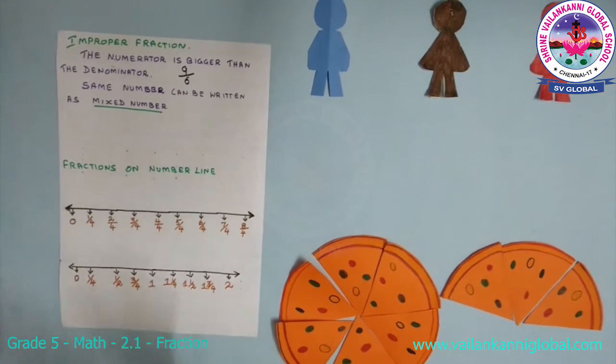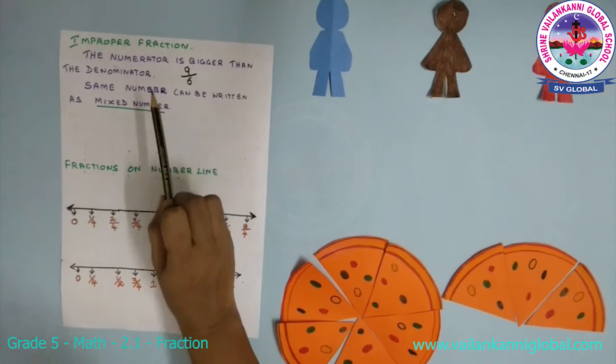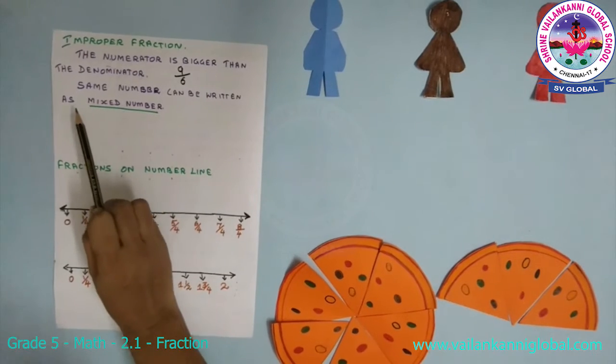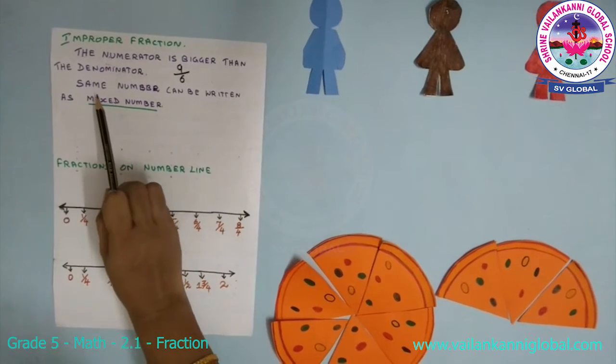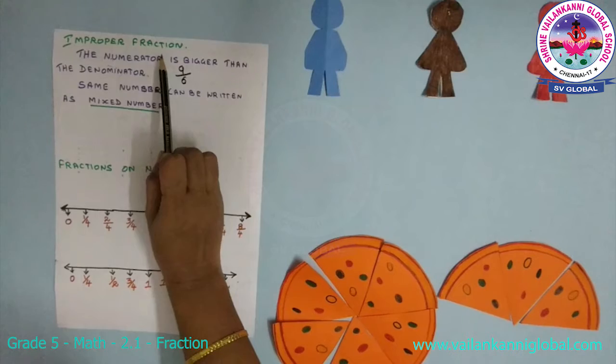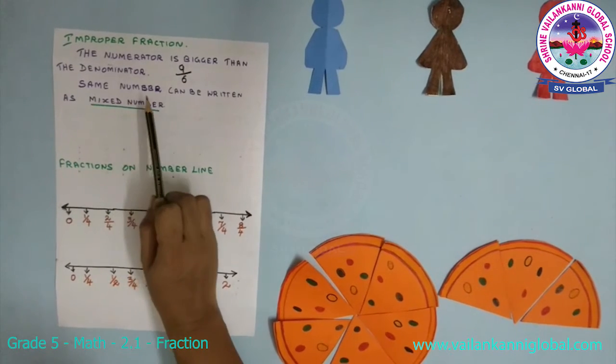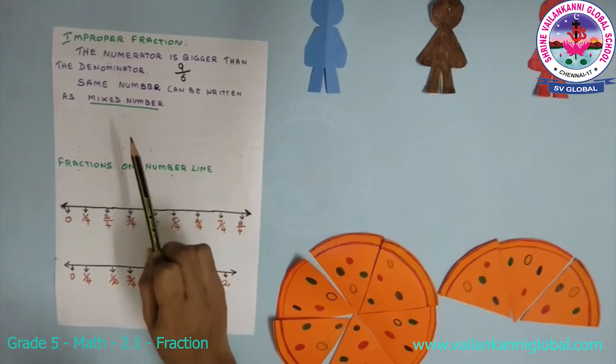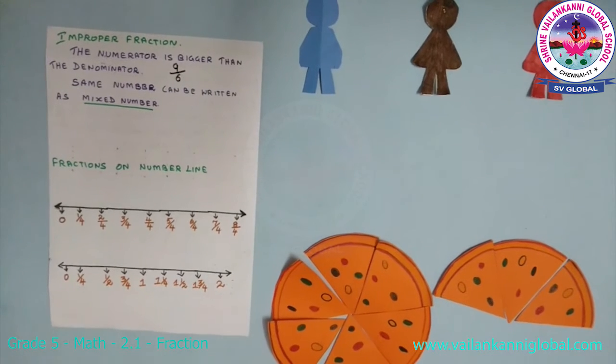The improper fraction can be written as a mixed number. How can we write it as a mixed number?